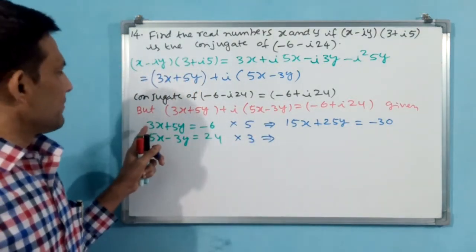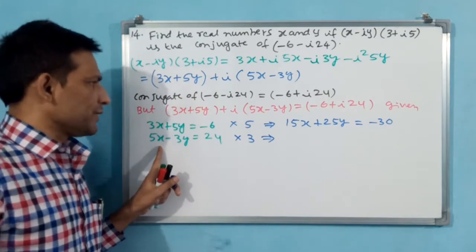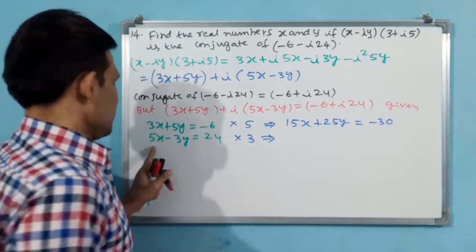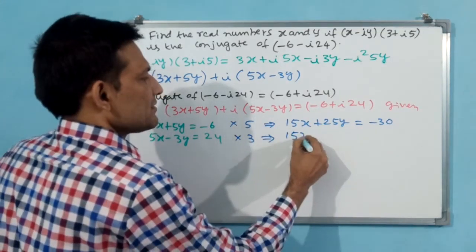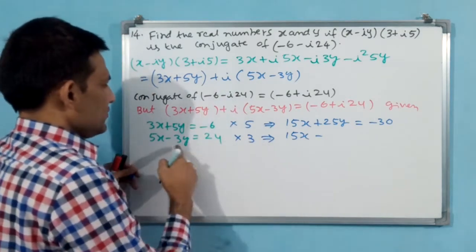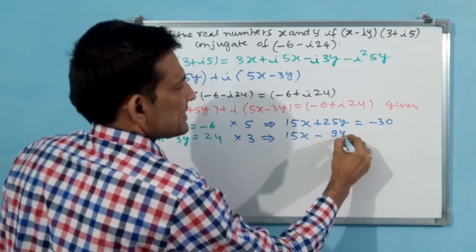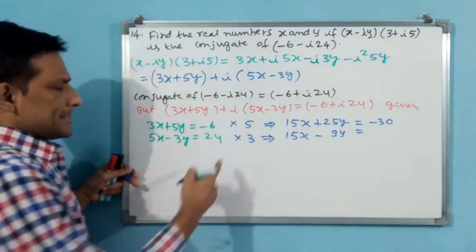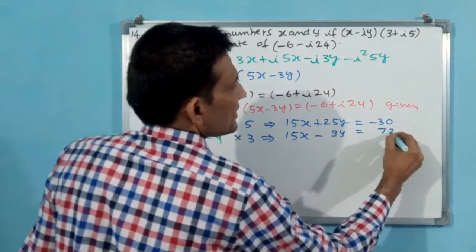This is the first equation. Second equation, into 3, 15x minus 3 into 3, 9y is equal to 3 24s are 72. That's all.